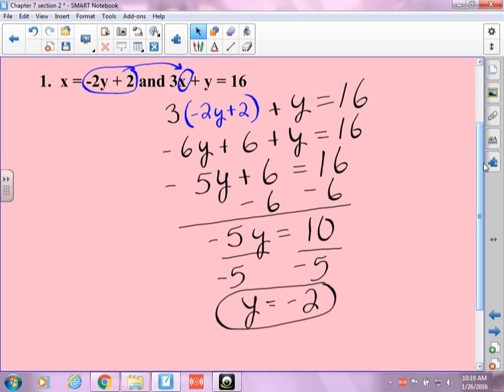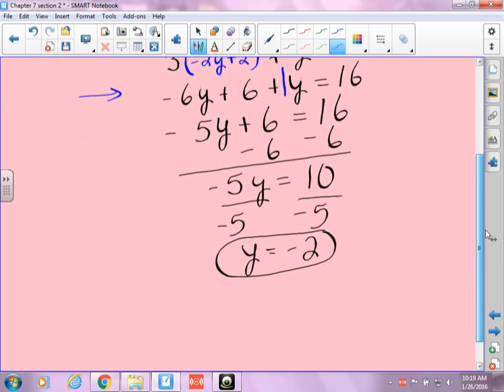You'll notice that this is a negative 6y, so like negative $6, and I'm adding $1. So this is a negative 6y, this is a positive y, and that's why I got a negative 5y. Is that better? It's a good question. Any other questions on what I did? We're okay? All right, good. I'm glad you said that.